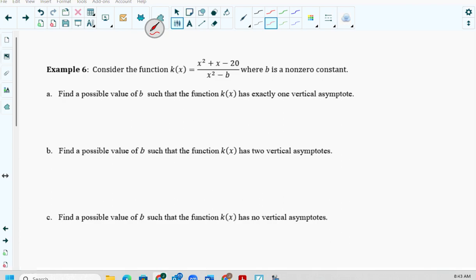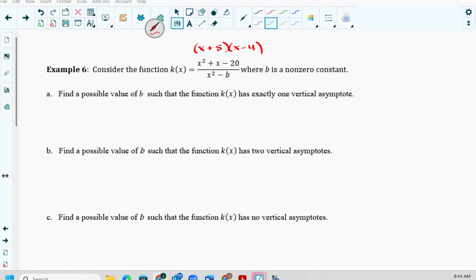All right, guys, let's see how we did. This numerator factors into x plus 5 and x minus 4. So to have exactly one vertical asymptote, you need your denominator to cancel out one of those factors.